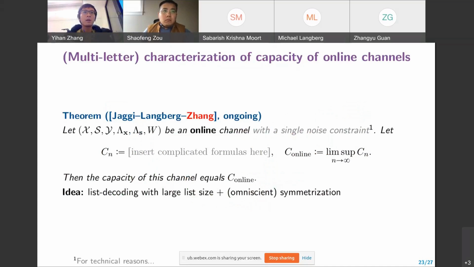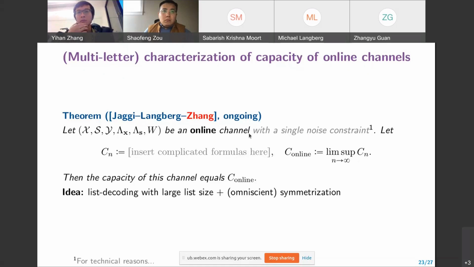And in this generality, for any general online adversarial channel, together with Sid and Michael Engelberg, we have some characterization of this channel, but it's not completely satisfactory in the sense that, first of all, this only works for a channel with only one constraint on the noise vector. This is just for technical reasons, that we couldn't handle beyond this particular constraint.